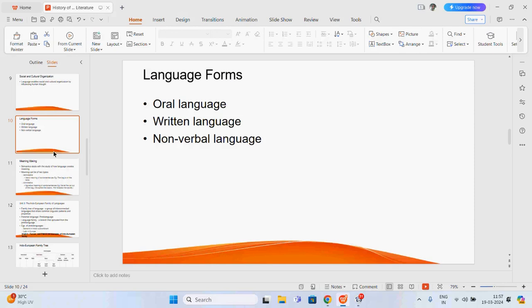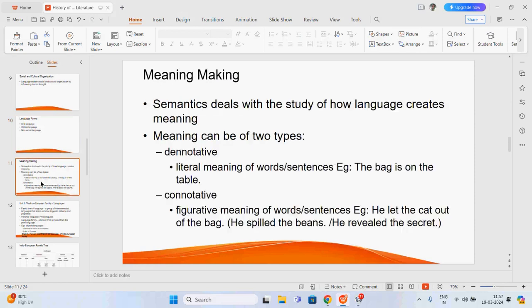By my facial expression, I can convey that I'm angry with you. If somebody wants to enter my room and I'm busy, the class is going on, and I cannot say, sorry, do not disturb me, I can just raise my hand and ask them to stop and say, no, please don't come now. Or I can use my hand and say, come later, talk to me later. So these are all examples of non-verbal language.